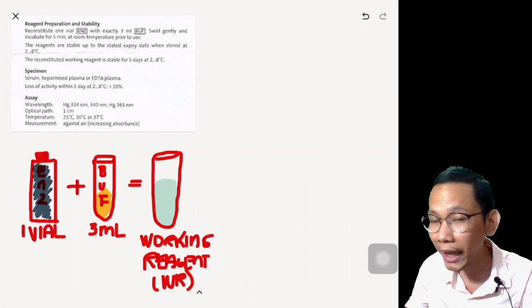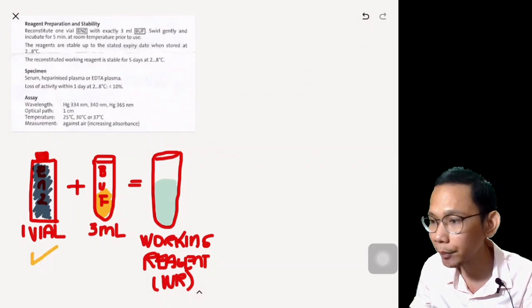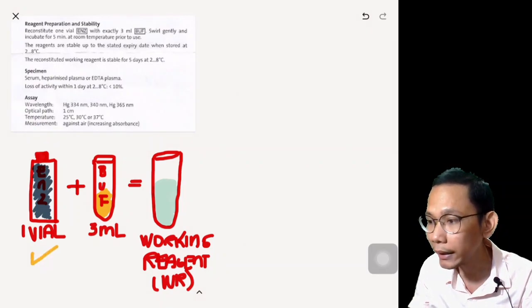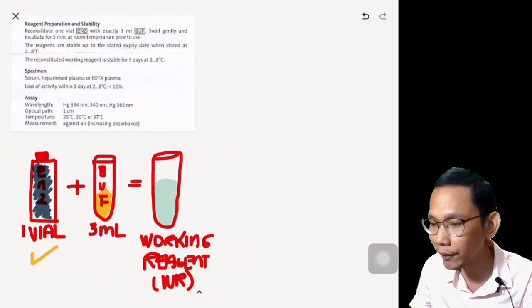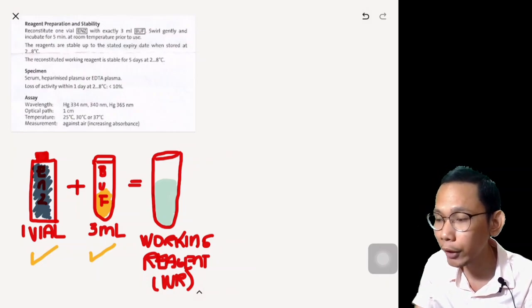So for your reagent preparation and stability, you reconstitute one vial of your enzyme. So kailangan natin ng isang vial ng enzyme, check. Tapos, with exactly 3 ml of the buffer. Tapos, i-add natin ang isang vial ng enzyme sa 3 ml ng buffer. Ito, check. Then, we swirl gently and incubate for 5 minutes.